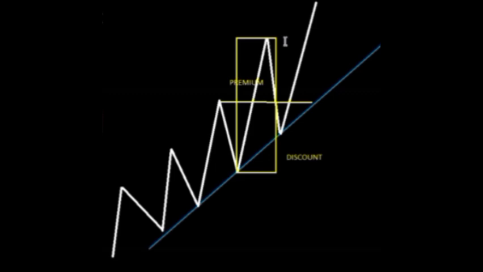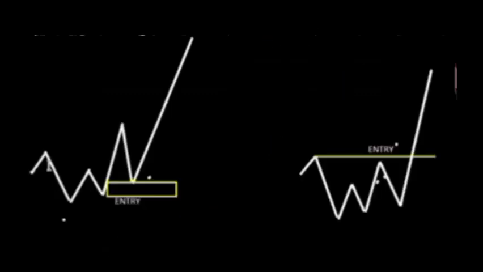So let's look at the entry criteria. Once price comes to that trend line, you switch to the 15 minutes time frame. In this time frame, you look for a reversal pattern, and this reversal pattern, you can notice it created a high and another low, and price moved to break the internal structure.